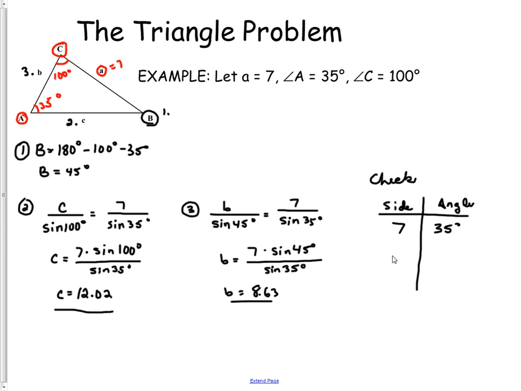We found side B to be 8.63 and angle B to be 45 degrees. And then finally, we found 12.02 for the length of side C, and 100 degrees. We were actually given that 100 degrees for angle C. So yes, the smallest side is opposite the smallest angle, the largest side is opposite the largest angle, so that seems to make sense, and so, well, that's it.